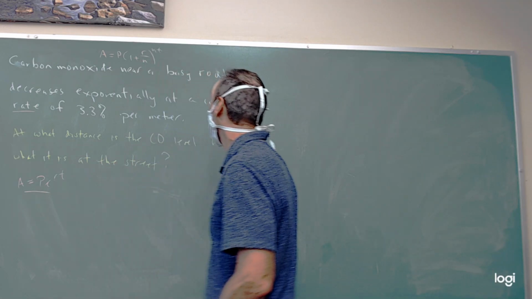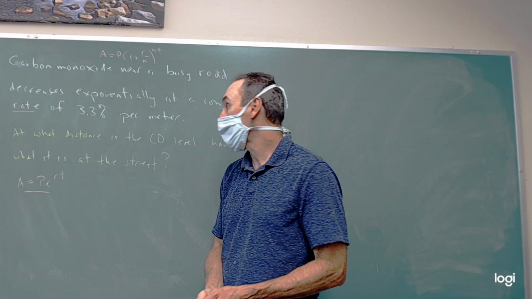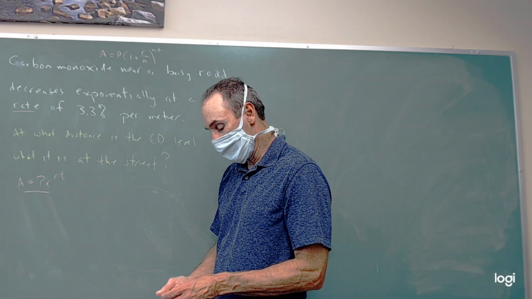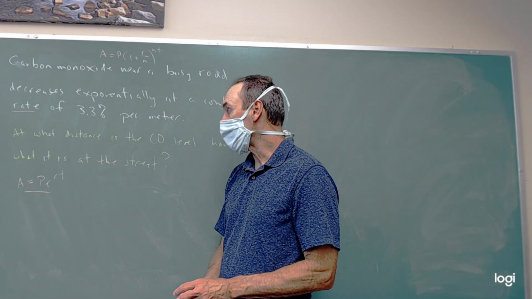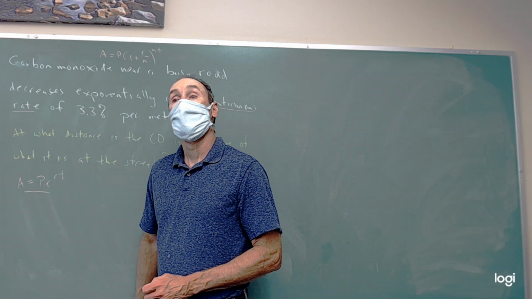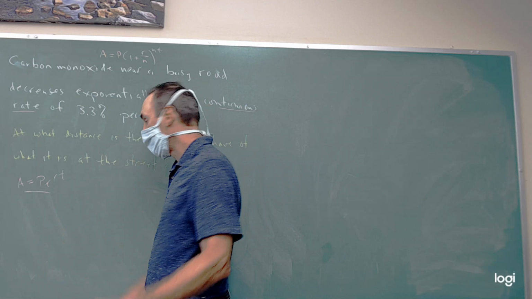what do we know? Because it's a continuous rate, that means we're going to choose e as the base. What is this 3.3? It's decreasing by 3.3%. So what is that telling us? The r is negative 0.033. Exactly.